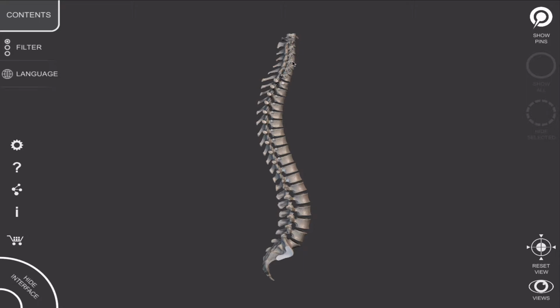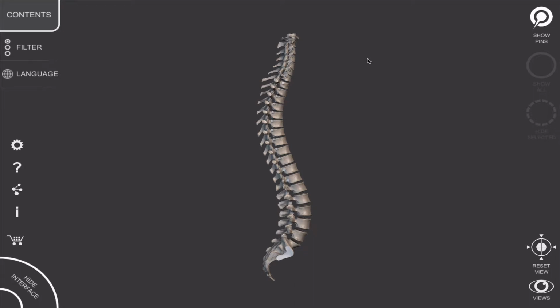And if the cervical curve or the lumbar curve becomes too deep, which would more typically occur in the lumbar spine, we would call that a lordosis. An abnormally deep lumbar curve, a lumbar lordosis.